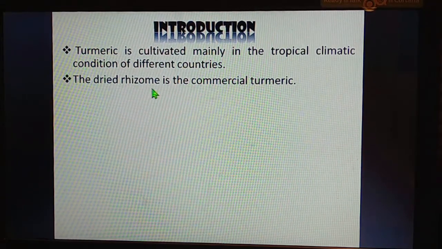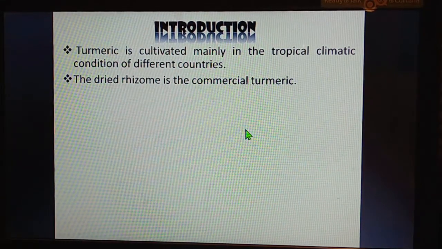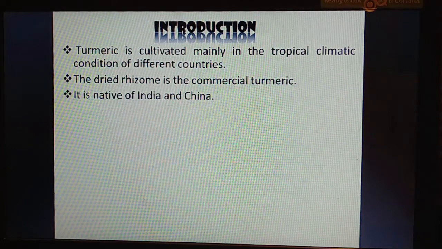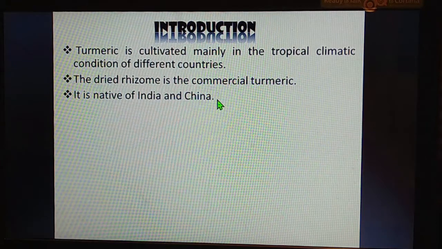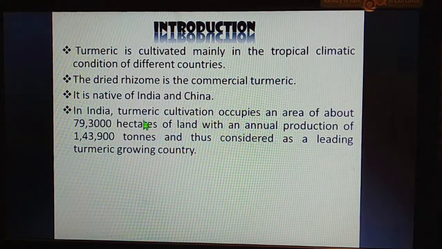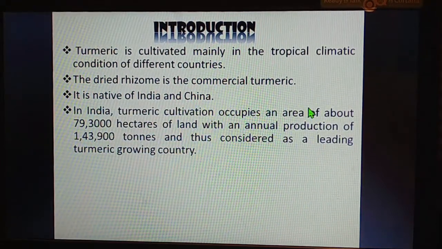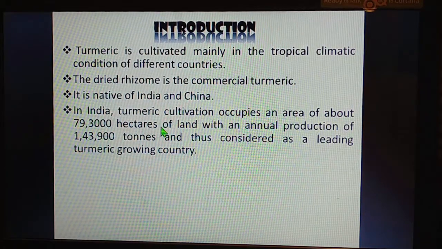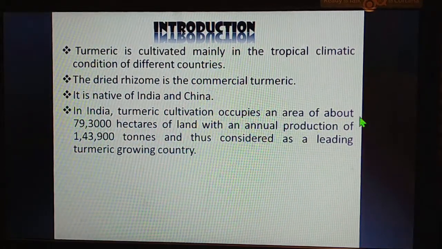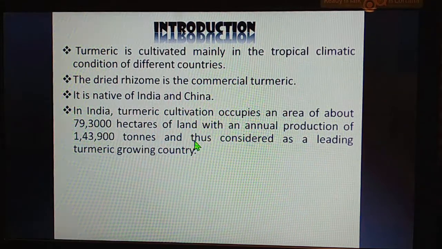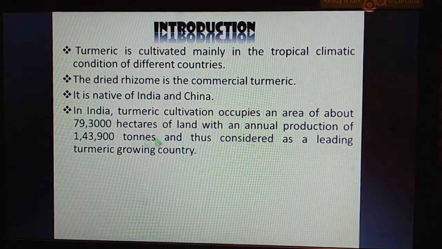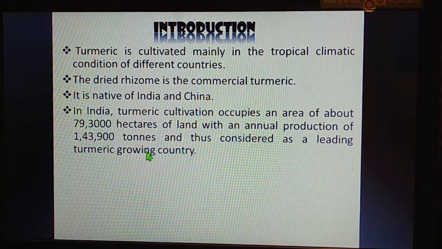This crop is native to India and China. In India, turmeric cultivation occupies an area of about 79,300 hectares with an annual production of 143,900 tons, and thus India is considered the leading turmeric growing country.